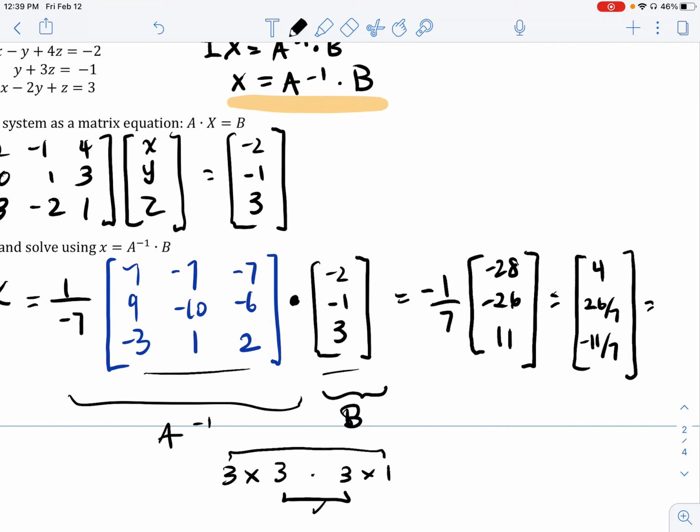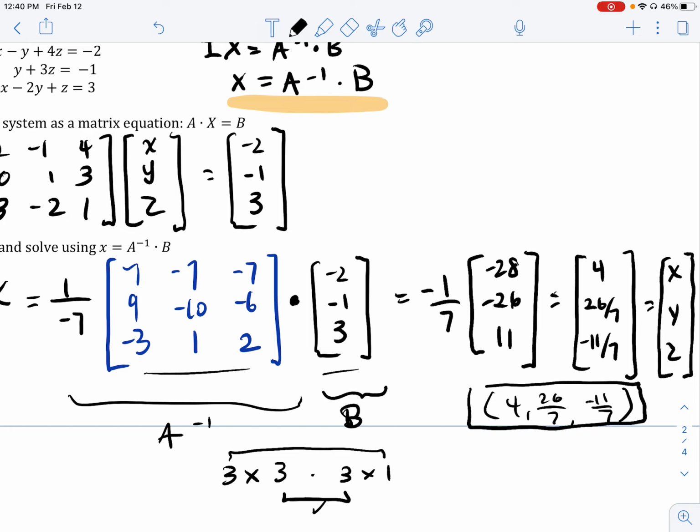And that is what is equal to your variable matrix, X, Y, Z. So there's your answer. Your ordered triple we would write as 4, 26/7, -11/7. So I know it was a lot, but hopefully now you have a good sense of how to solve a system using the inverse of the matrix.